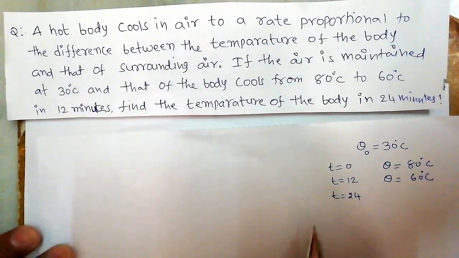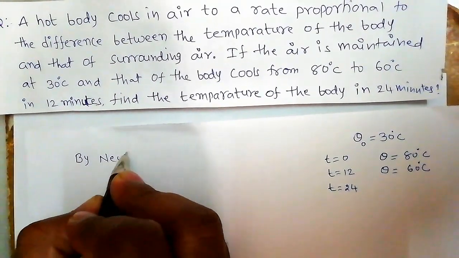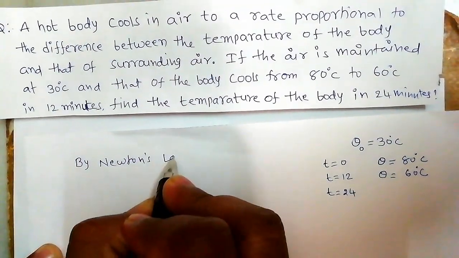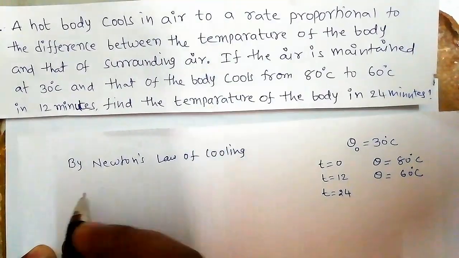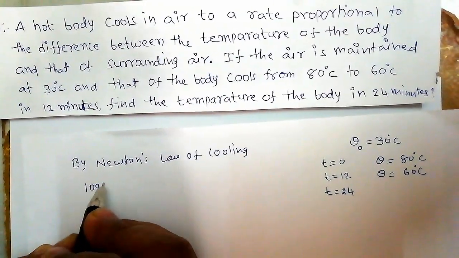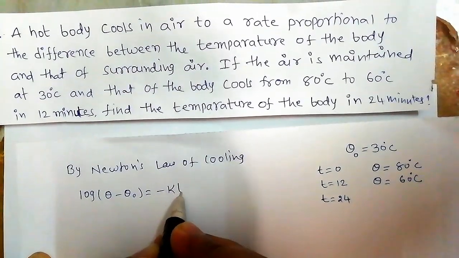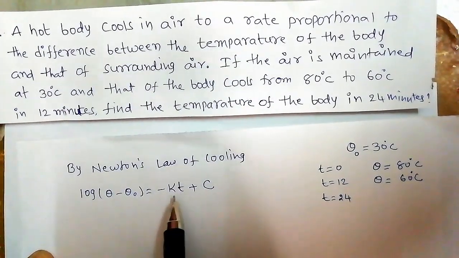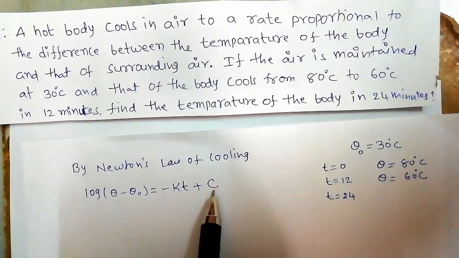So now see, by Newton's law of cooling, we have log of theta minus theta 0 equal to minus kt plus c. Here k is the proportionality constant and c is the integration constant.